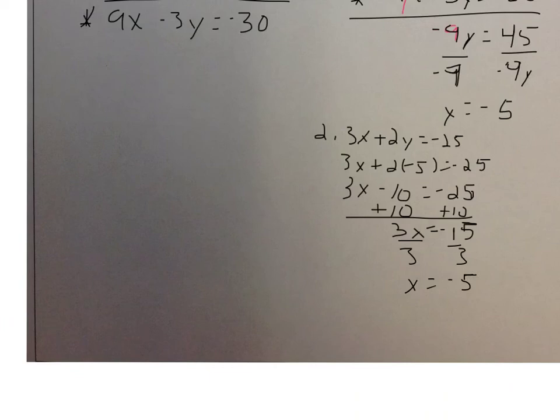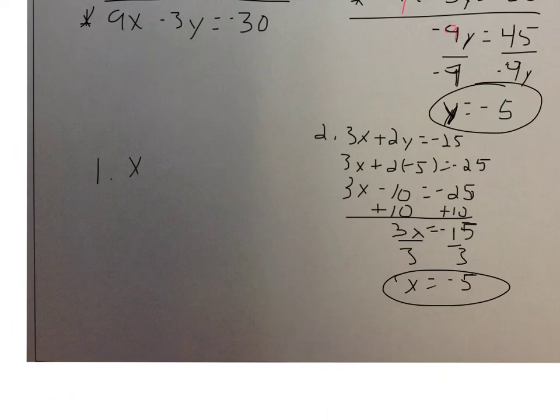So I've got x is negative 5, and y is negative 5. Now I got to use equation 1, 2, or 3 to figure out my z. Let's just go with equation 1. Equation 1 is x minus y minus 2z equals negative 6. I know my x is negative 5.